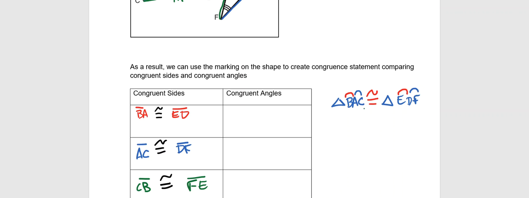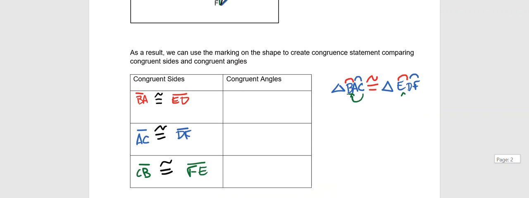And then when I did side CB, notice I worked backwards, CB, I did in the same order side FE. So any two of these three vertices that you match up together, you can go to the other triangle in the name and do the same thing, okay?